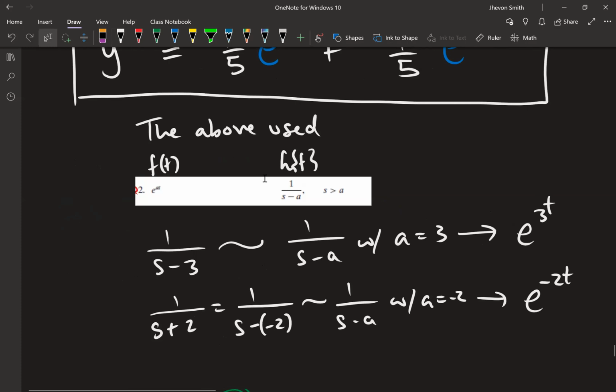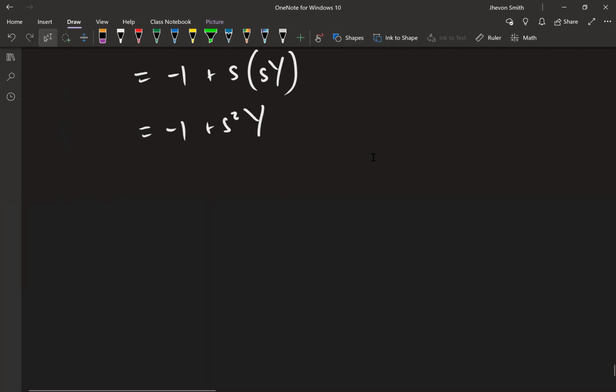And again, I'm using this formula. Notice that my a is just minus 1. So that's what that gives me. So now I can plug in everybody. So now I go into the ODE.